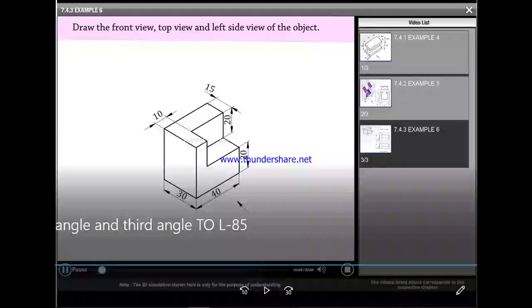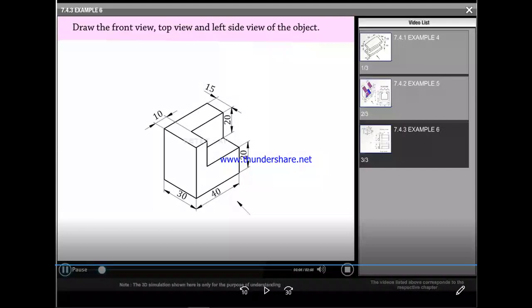Now you observe the solution, how the front view, top view and left side view will be drawn.